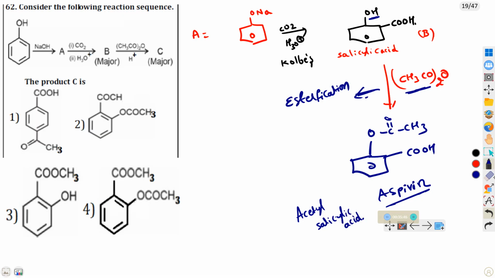So aspirin is formed. Now the reaction gives COOH, OCOCH3. Second option correct.